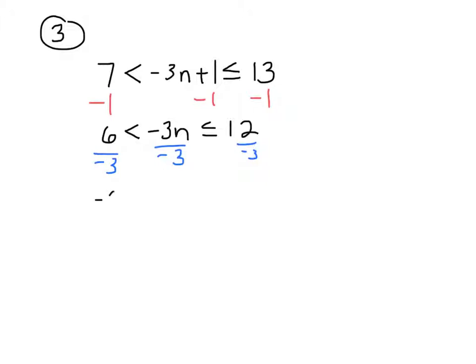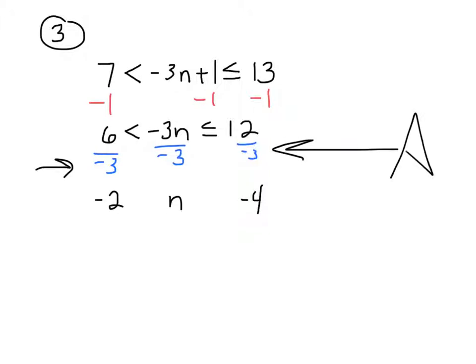That would give me -2 and -4, but this is your big thing to remember. Don't ever forget this. Because you divided by a negative, your inequalities all reverse. So, your answer would state -2 is greater than n, which is greater than or equal to -4.